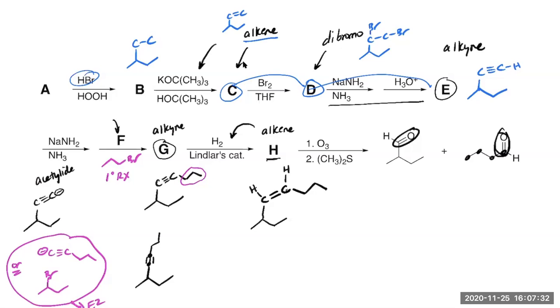The process for doing that is you get to a double where you want the triple to be. Then you put two bromines on. And then to get to the triple, I take those bromines off, and that's a double E2. So it's an E2 times 2. That's pretty much the process you follow to make a triple: you have to get to the dibromo. But to get to the dibromo, you have to have a double. Make sense? Yes, thank you.